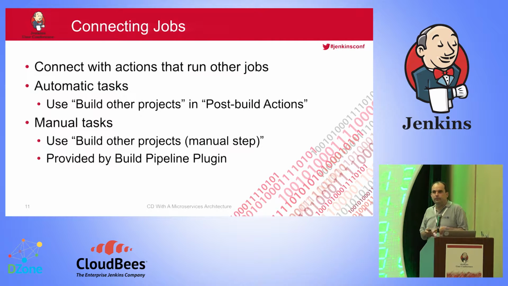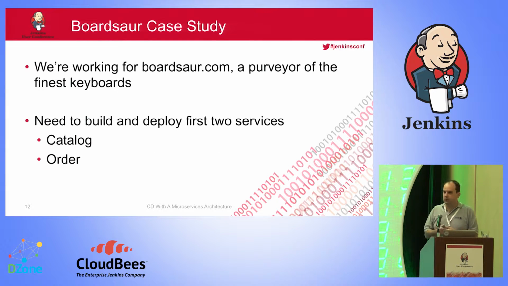So I want to take these tools and create an actual deployment pipeline. I'm going to imagine that I'm working for Boardsaur.com, which is a purveyor of fine keyboards. And I need to build and deploy the first two services, the catalog service and the order service.